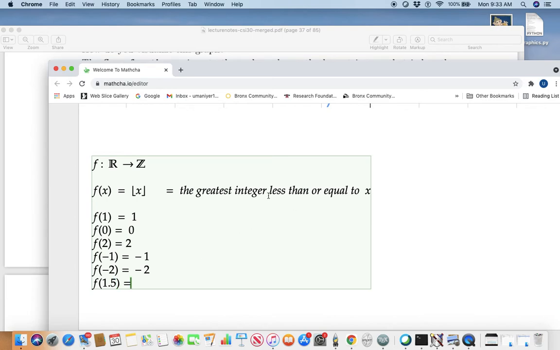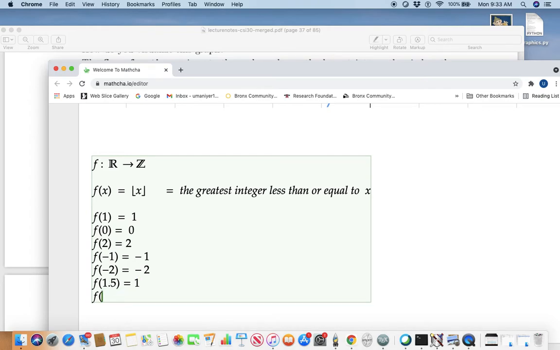Aha, now let's think. Is 1.5 an integer? No, it is not. So you're looking for the greatest integer less than or equal to 1.5. Since 1.5 is not an integer, you're looking for the greatest integer less than 1.5.